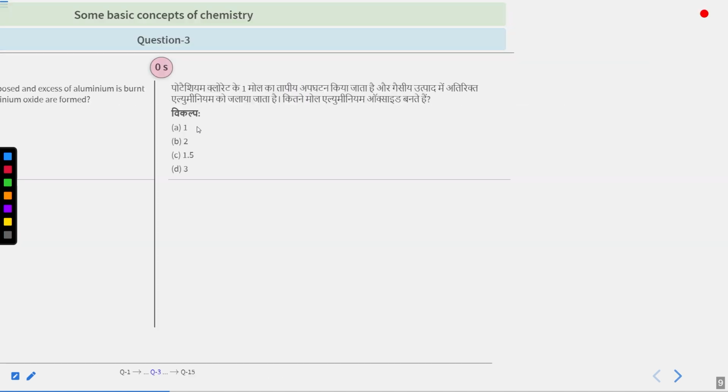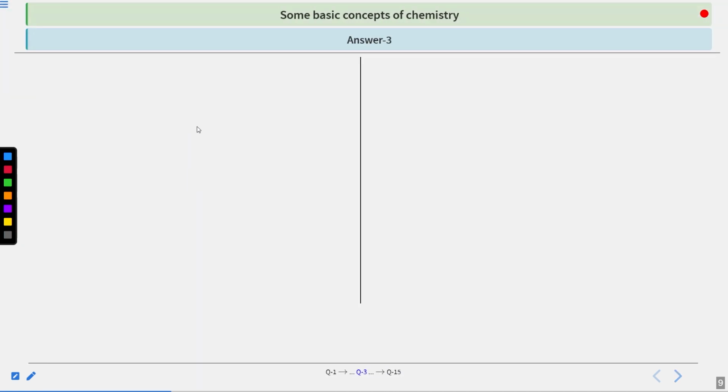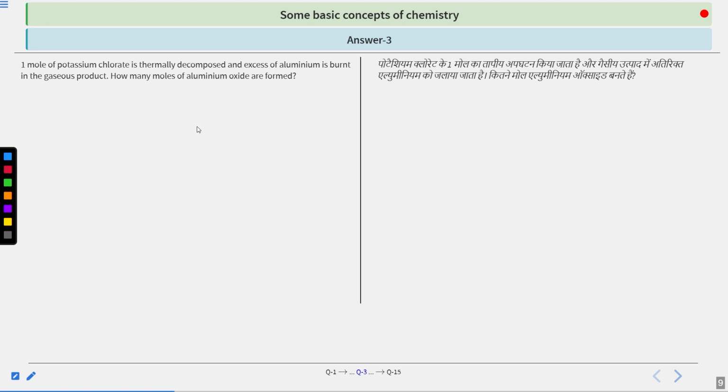Okay, let us try to solve this question. So first of all, what is the question? The question is asking that you have 1 mole of potassium chlorate, and this is thermally decomposed, meaning it is heated, and this results in the breakdown of the compound. Whatever gaseous product is obtained after the decomposition is used for the combustion of, or simply the reaction of, aluminium with oxygen.